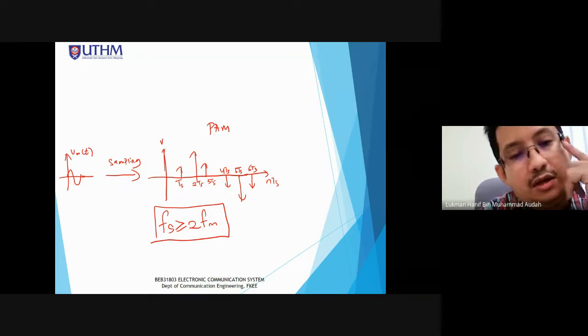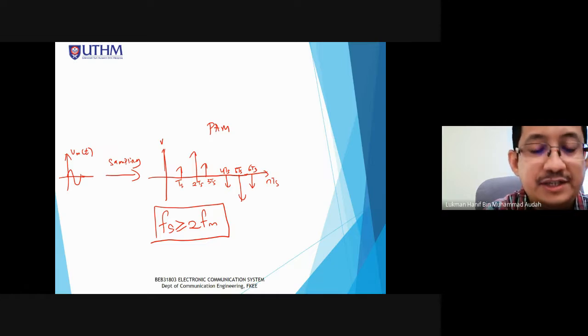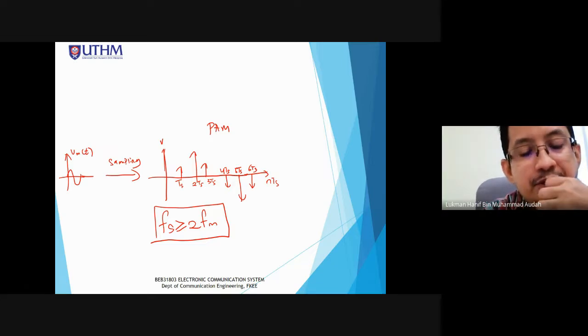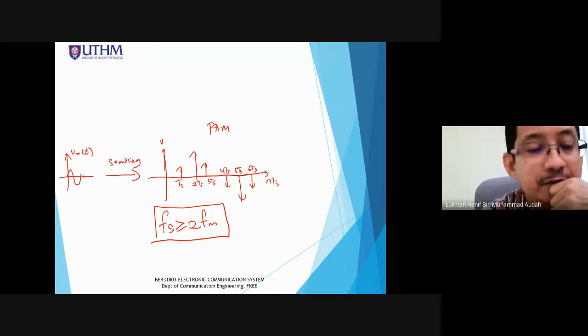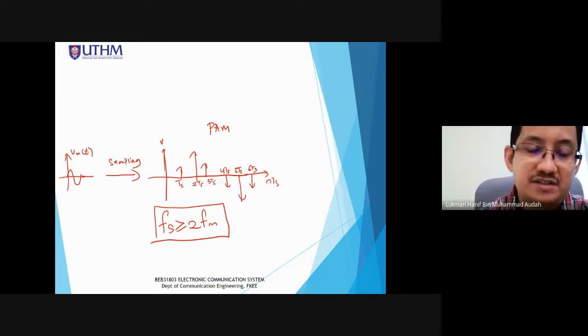Okay, and if you see from here, kalau kamu lihat di sini, sampel yang saya tunjuk ni sedikit saja, 6 saja kan. Tapi kalau kita ada beribu-ribu sampel or millions of samples, for example, that means the amplitude of the samples would vary.